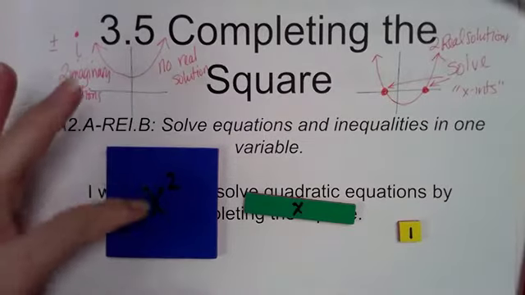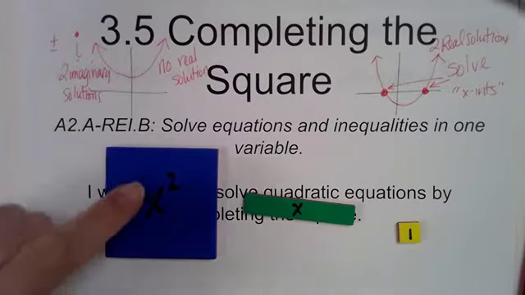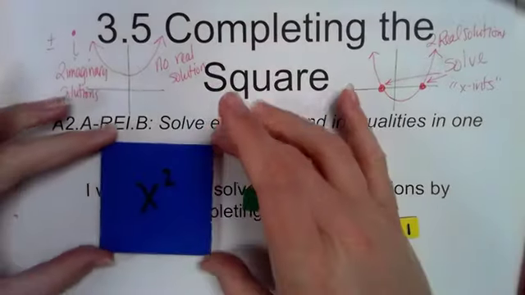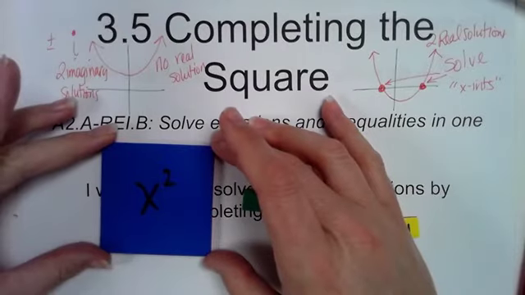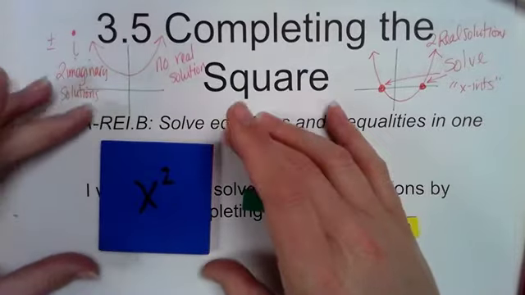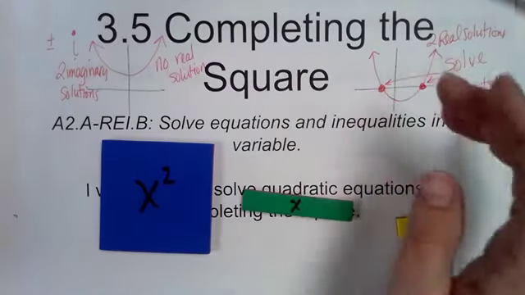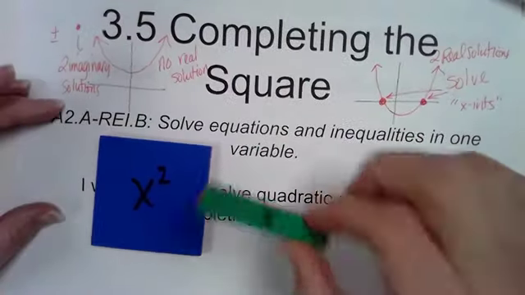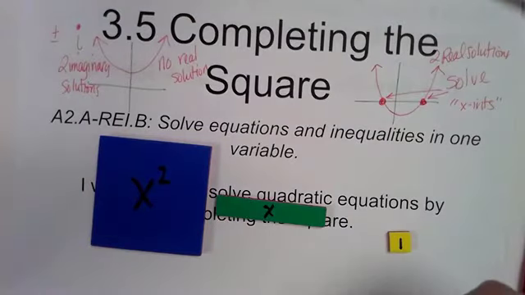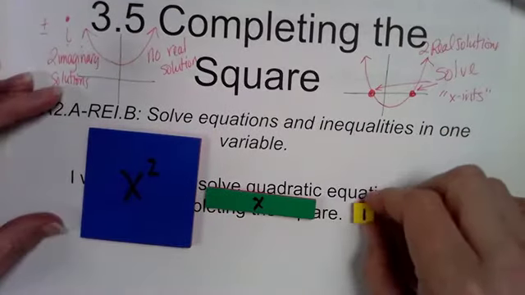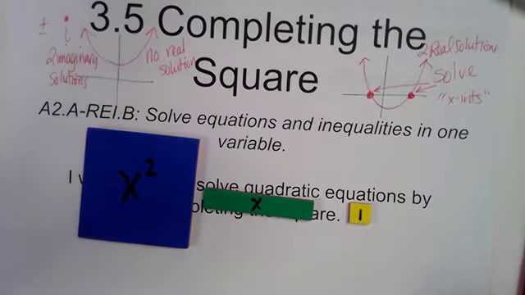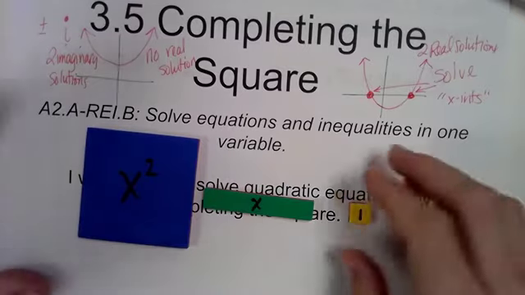This tile represents x squared. It's x being squared. You'll notice the shape of it. It's a square, right? It's pretty amazing that that's x squared. This is 1x, and this is a unit cube, just a single unit, 1.